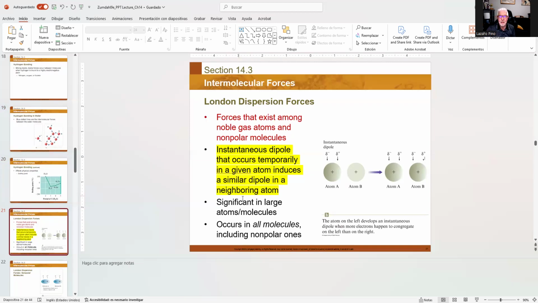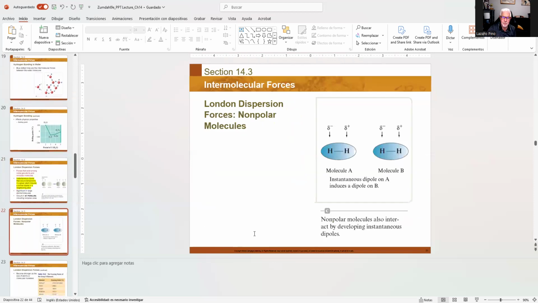They are significant in large atoms and molecules. When the molecules and atoms are larger, it's more probable to have these London dispersion forces. London dispersion forces are characteristic of non-polar molecules.